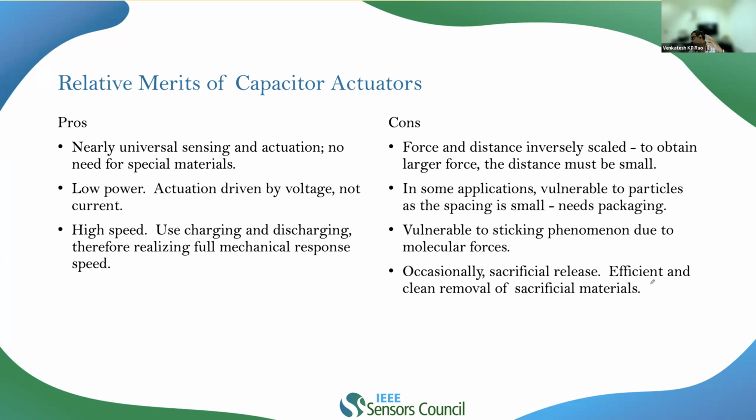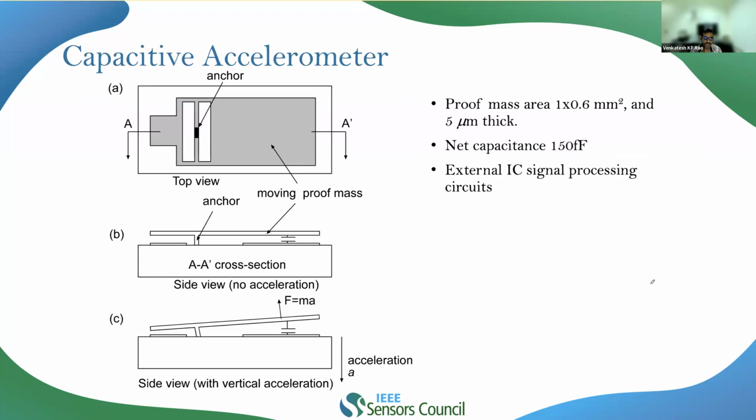Whenever you want a very small gap of, let's say, 1 micron, even a tiny bit of dust particles getting in may lead to stiction problems. So we do require a very clean environment for this. But at the same time, the sensitivities are quite tremendous.